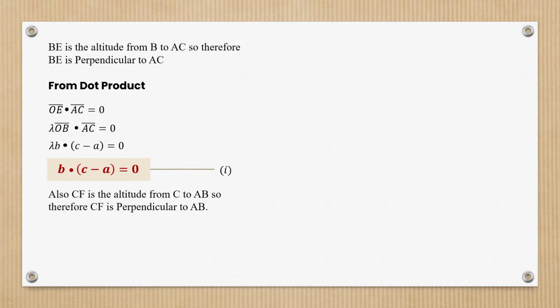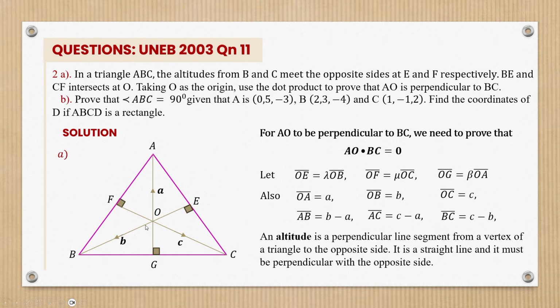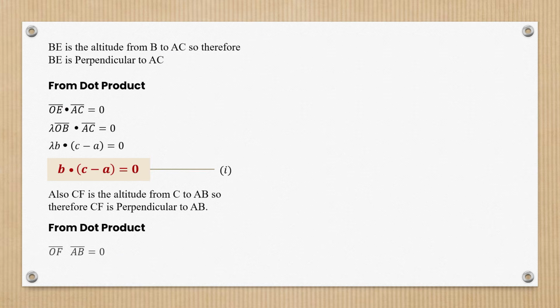Now also, we know that CF is the altitude from C to AB, so therefore CF is perpendicular to AB. So from the dot product, it means that OF is perpendicular to AB. As you can see, OF is perpendicular to AB. So that means that OF dot AB shall be equal to 0.